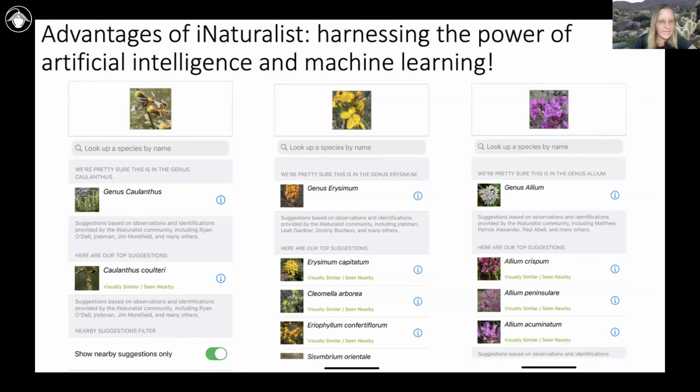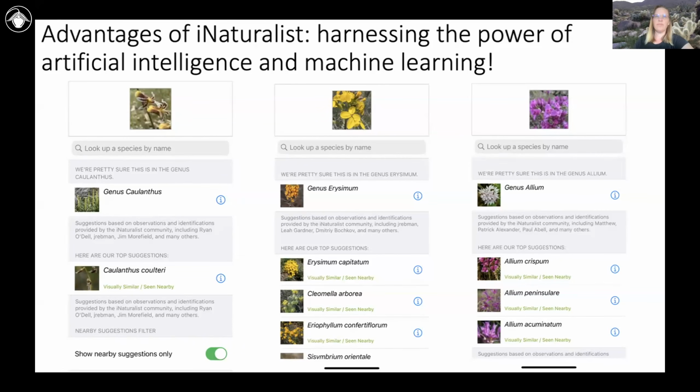So on this Calanthus over here, it says suggestions based on the observations and identifications provided by the iNaturalist community, including Ryan Odell, John Redman, Jim Moorfield, and many others. Those are all names of people I know. So this is not just a robot and a bunch of strangers. These are our friends and colleagues who are really putting in the effort to curate these data by identifying plants.